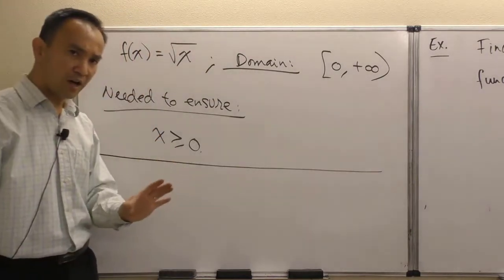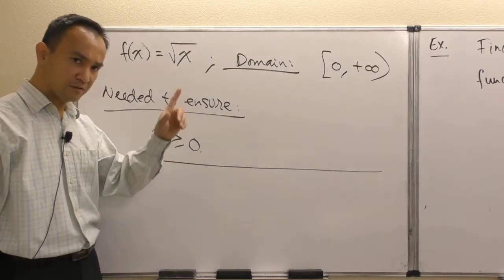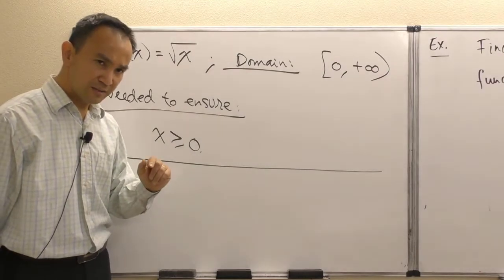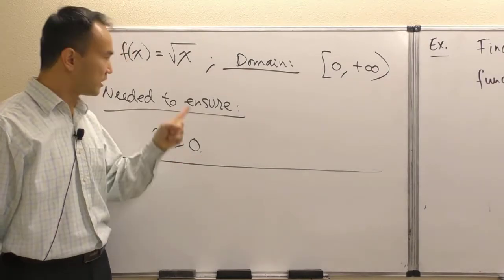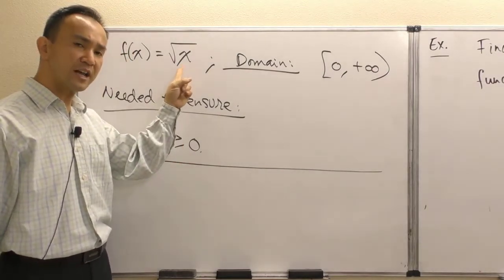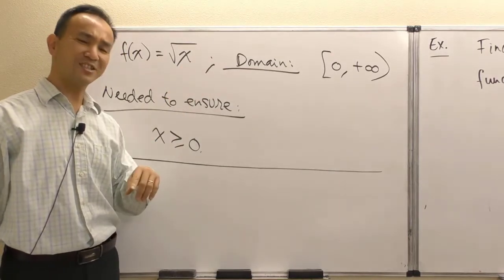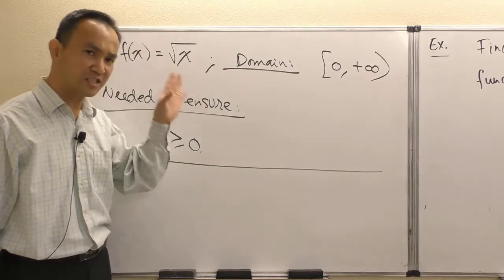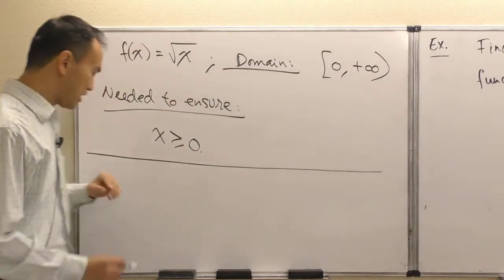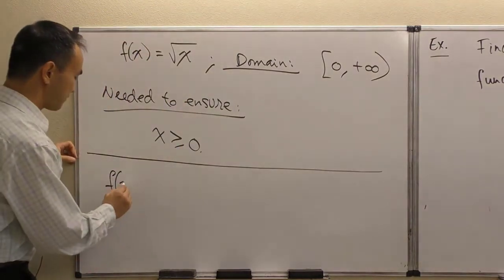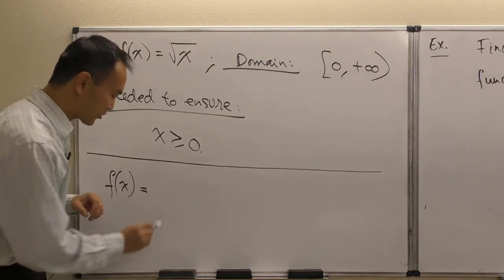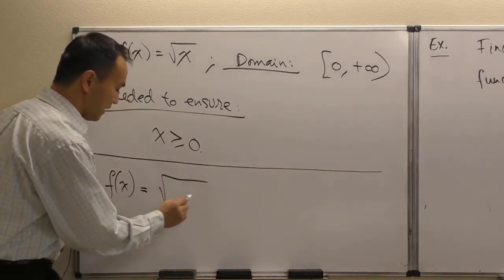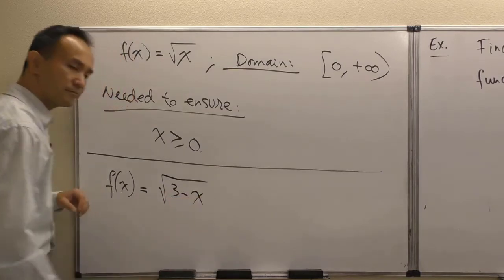We will see a lot of times functions that involve square roots, but unfortunately the part inside the square root is not as simple as this. That's the reason why, when I was introducing this as a toolkit function, I kept saying it's a simple square root, because there will be other square root functions out there. Say, for example, 3 minus x inside the square root.